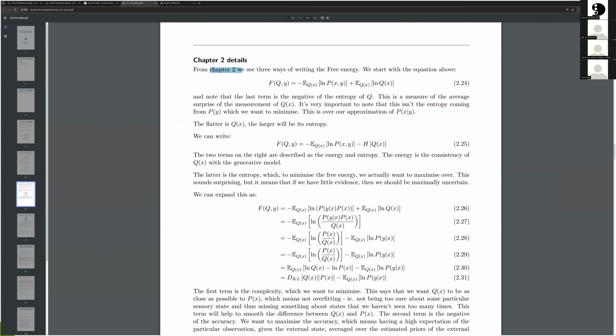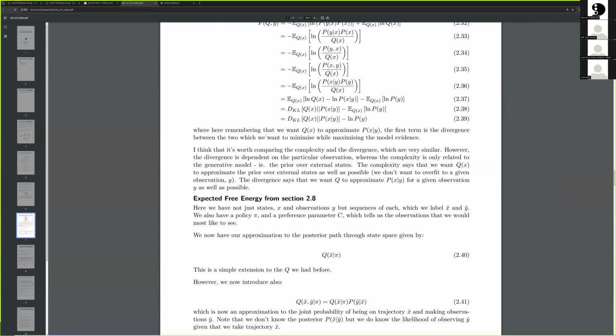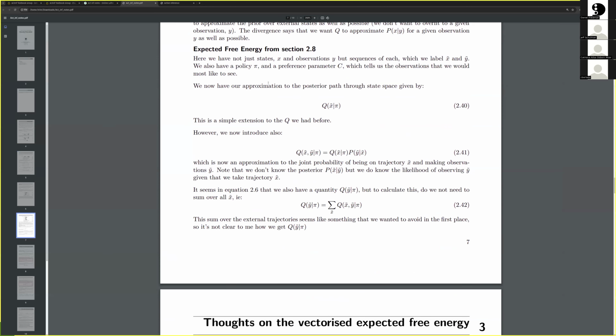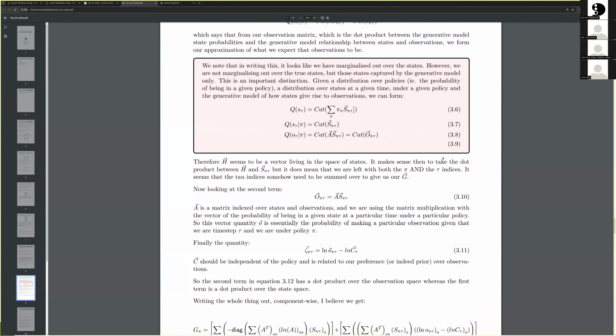Chapter 2, equation 2.5 had the variational free energy, and there were multiple lines. It seems like he's going into more detail here, connecting how free energy is described in chapter 2, and then expected free energy in equation 2.6, and then connecting it more to chapter 4.